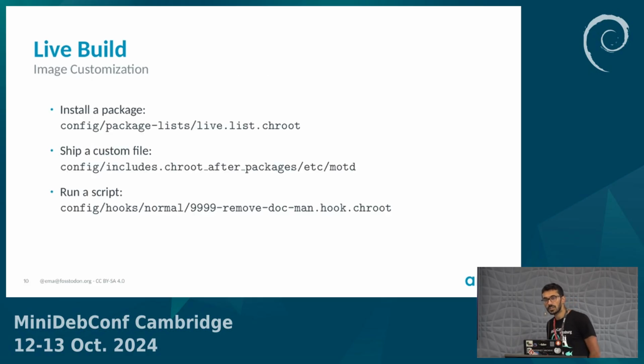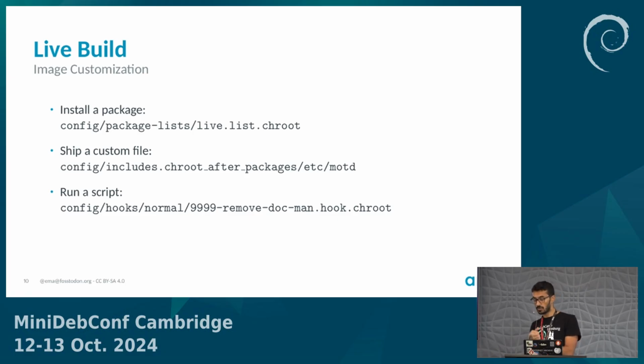Other than choosing the list of packages, you can also specify custom config files that you may want to have. Nobody is happy without a custom message of the day, of course. But you can also run scripts. So the idea is that the live build framework will create a chroot and then install packages in there and potentially run scripts in there.